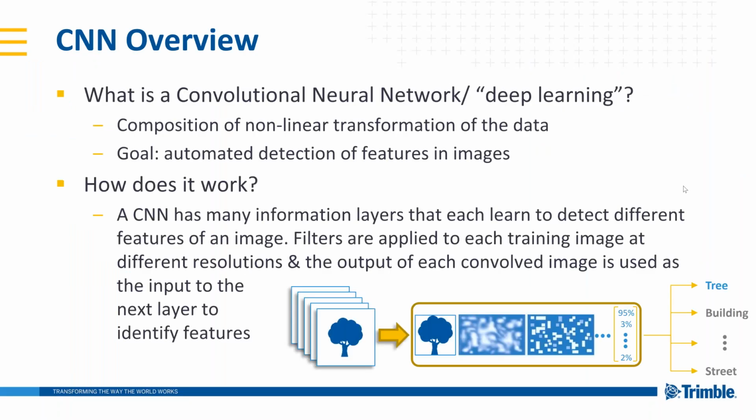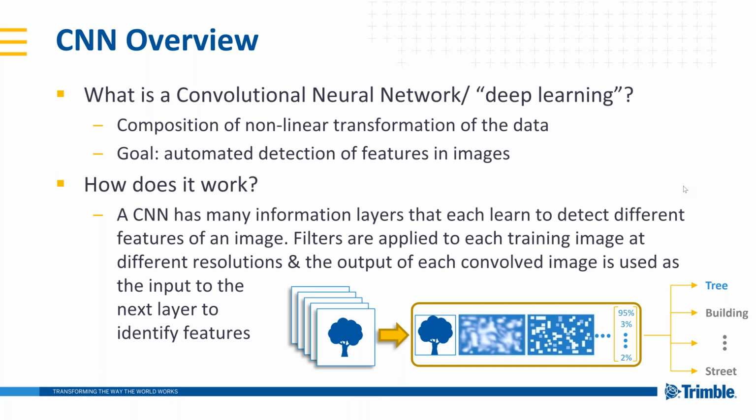So first of all, an overview of convolutional neural networks. I do not consider myself an expert on this topic yet, so bear with me if there are experts in the audience, if I maybe have simplified this too much. First of all, how does it work? A CNN has many information layers that flow into it.